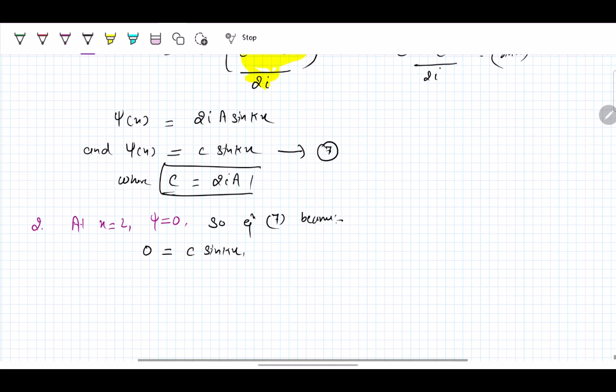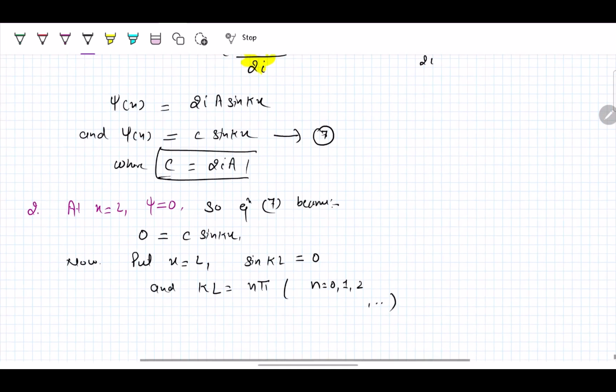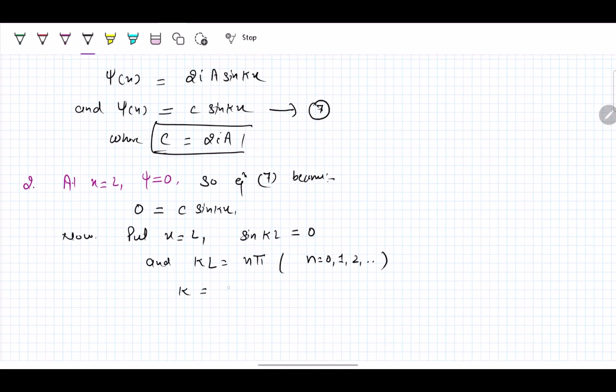Now putting x is equal to L, the above equation can be written as sine of kL is equal to 0, and we know that sine theta is 0 at n pi. So kL is equal to n pi, where n is equal to 0, 1, 2 and so on. So from here we find k is equal to n pi over L, and this is my equation number 8.